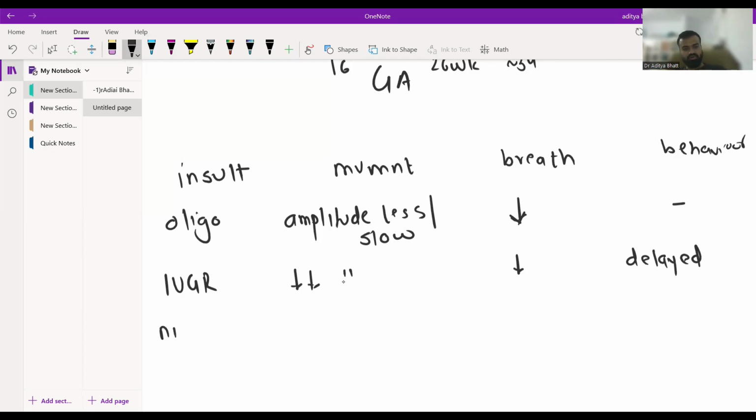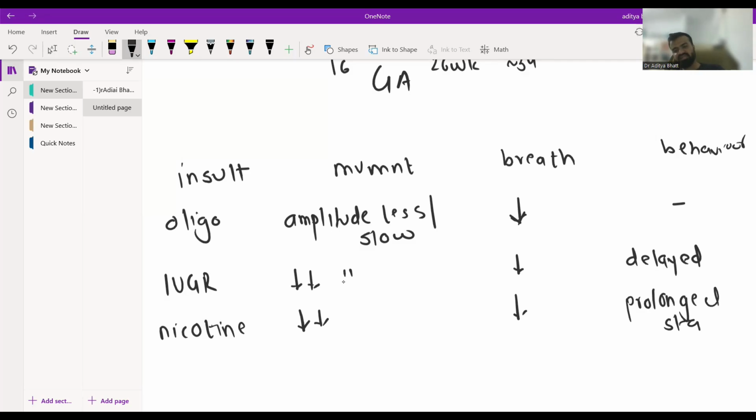Next is nicotine, maternal exposure of nicotine. Obviously, fetus को कोई nicotine नहीं देगा. So, maternal nicotine exposure will temporarily decrease the movements, but later on, obviously, it might compensate and be normal. Okay, breathing is decreased, and behavior actually shows a prolonged state.